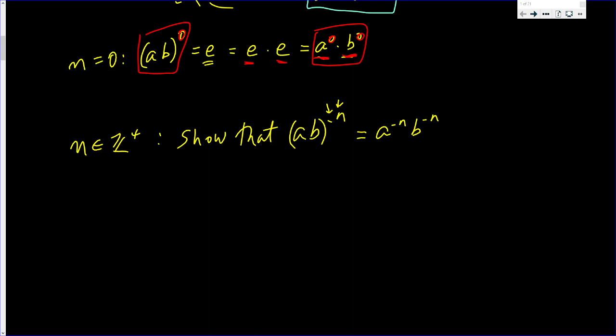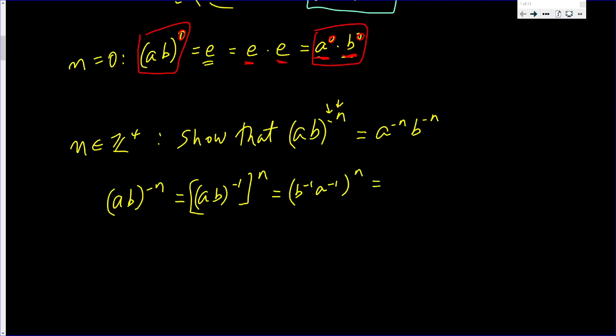That's what we want to show. Well, (AB) to the negative n is (AB) inverse raised to the nth power. But this is (B inverse times A inverse) raised to the nth power.